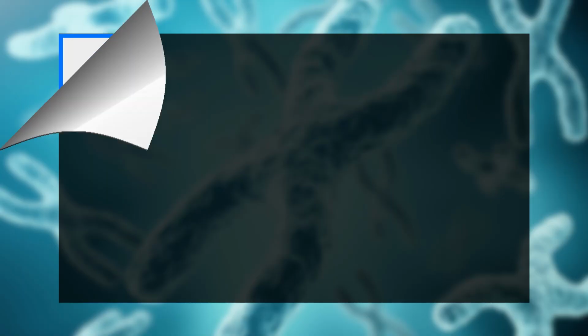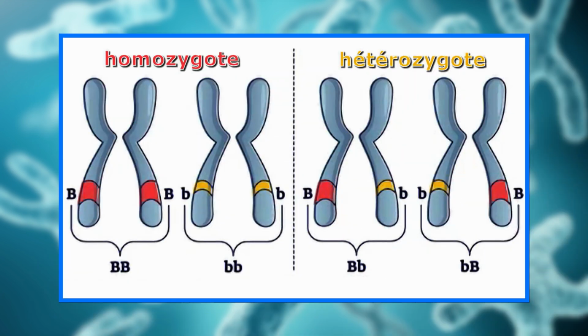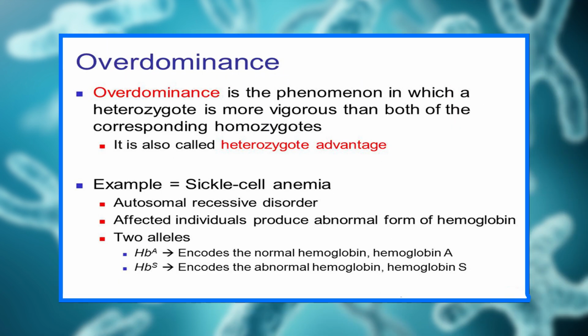Therefore, in a population, both versions of the gene will be maintained. Usually, a balanced polymorphism is maintained in the heterozygous condition. The superiority of heterozygotes over the homozygotes allows the maintenance of balanced polymorphism in a population. This heterozygote superiority is also referred to as overdominance or single locus heterosis.